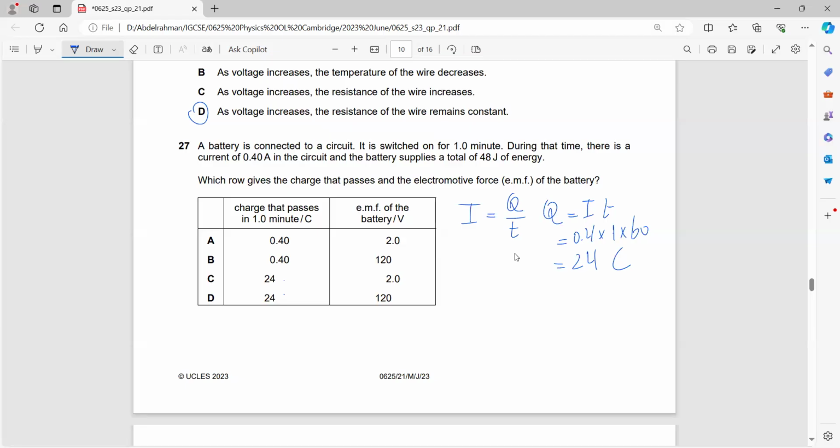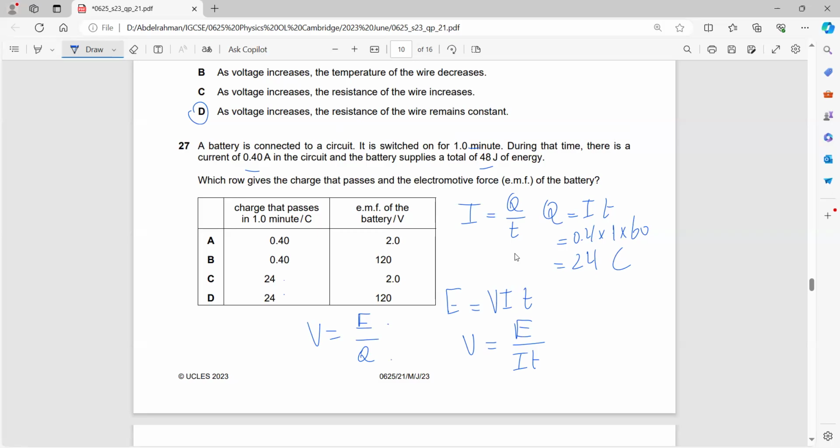Okay, EMF, you can use several equations. You have the energy, you have the current, you have the time. So E equals VIT, for example. In this case, V equals E over IT. Also, someone could say, well, V equals E over Q. Voltage is equal to the energy divided by the charge.